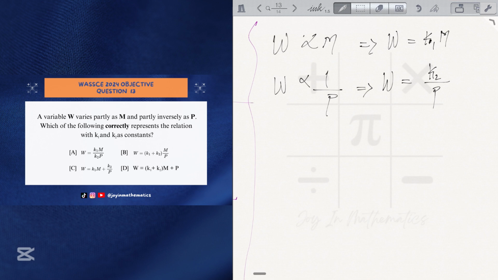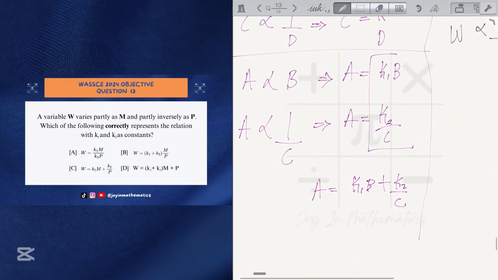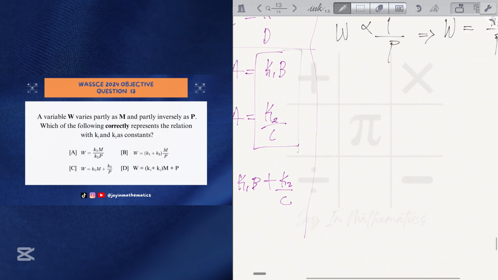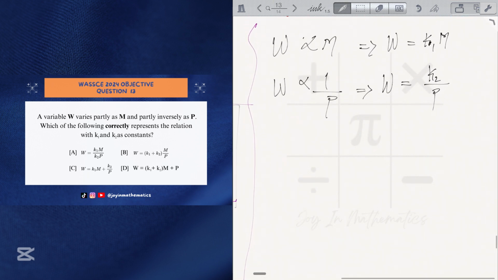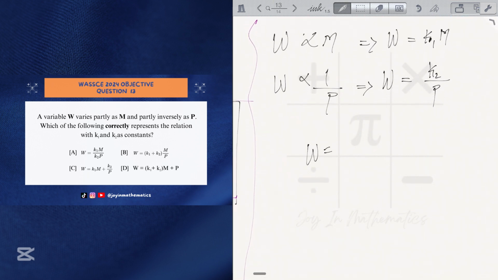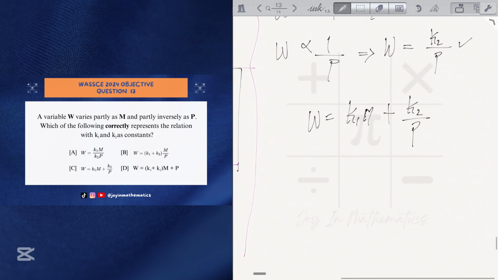So like we did here, we added the two expressions together. So we'll have the final expression of W to be equal to K1M plus K2 over P. Let's rewrite that well.